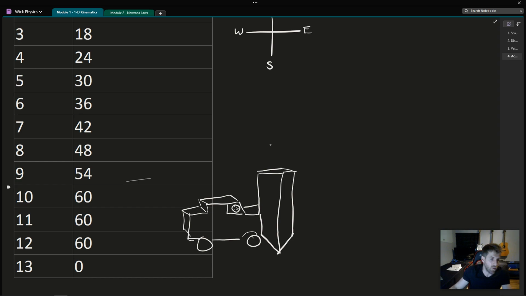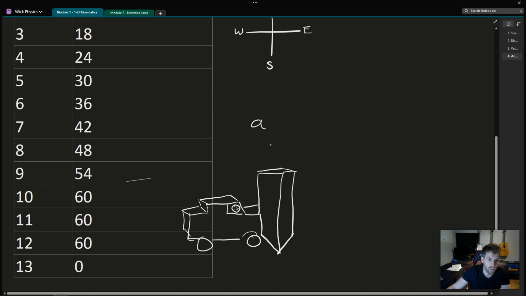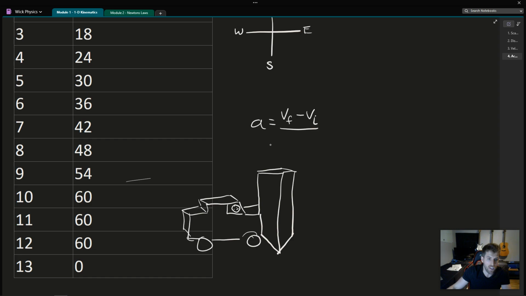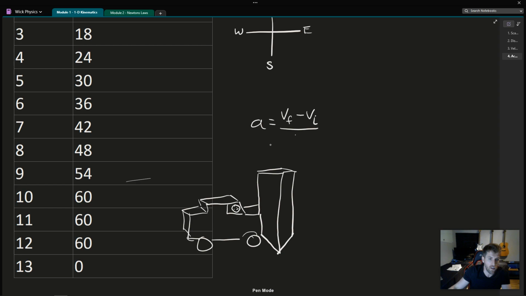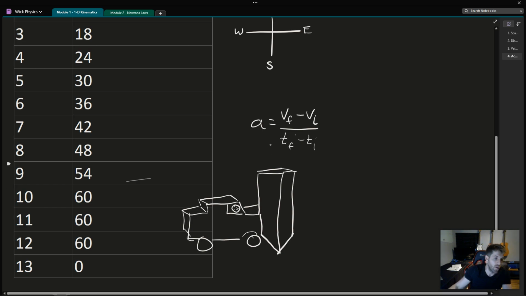So from 12 seconds to 13, acceleration equals VF minus VI, over time. So from 12 to 13, and I can even put change in time here. Okay, from 12 to 13, so TF minus TI, that's 1 second.